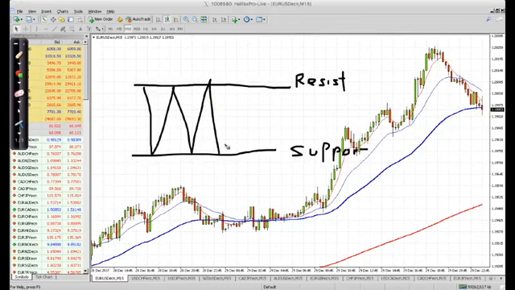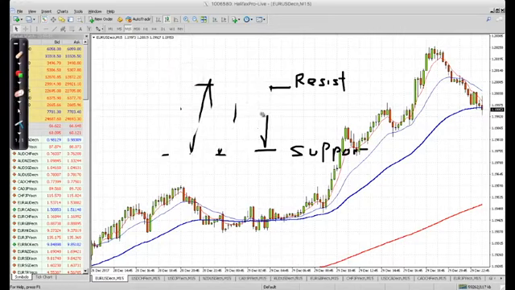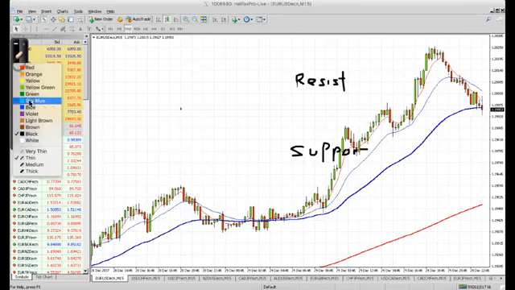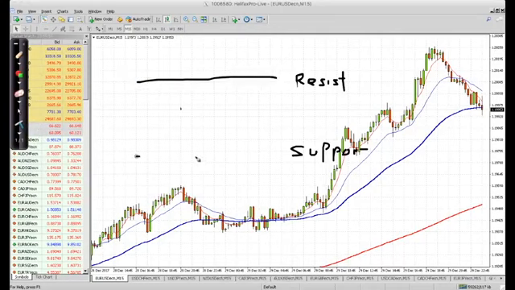Yeah, only in theory. In reality, this rarely ever happens, okay? So many times what happens instead, let me just redraw that. So in reality, what happens more often instead is that this line is more like a zone, which means the price can go up and it doesn't exactly touch and come down.